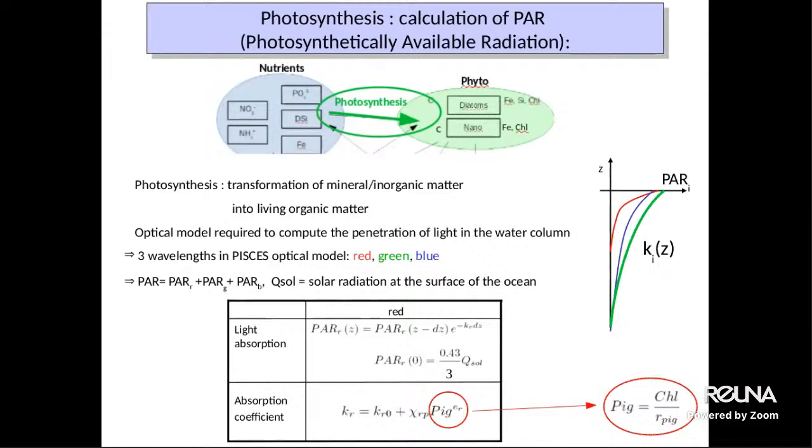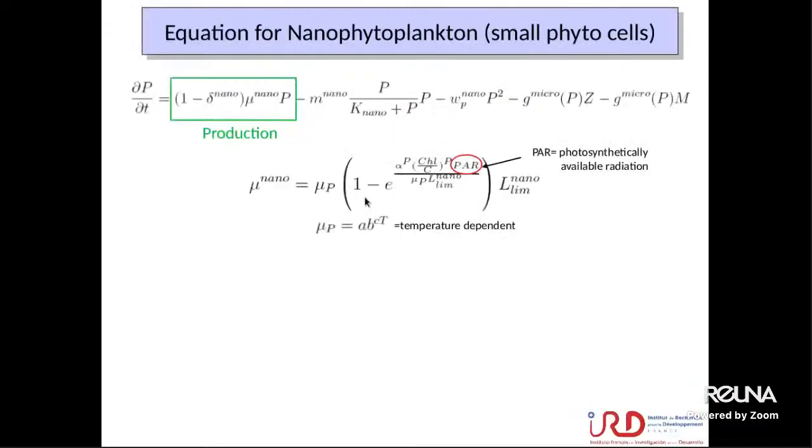That is needed to have the quantity of energy from the light that is usable for photosynthesis. So now let's look at this term, where mu nano is written here.